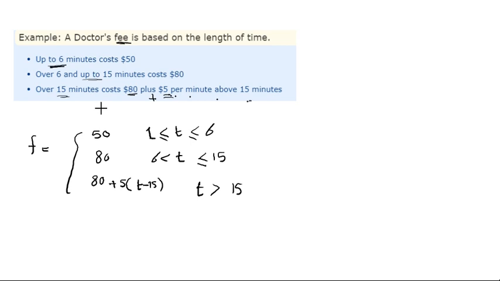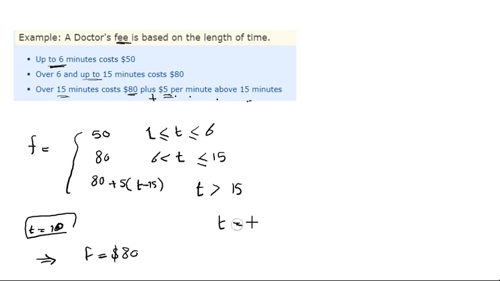So if we are asked to find the fee if a patient takes 10 minutes with a doctor, for time equals 10 minutes, then as 10 minutes is between 6 and 15, the fee is $80.